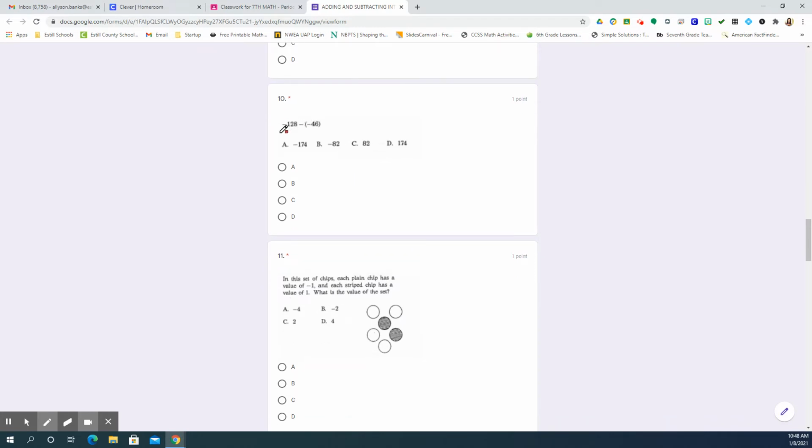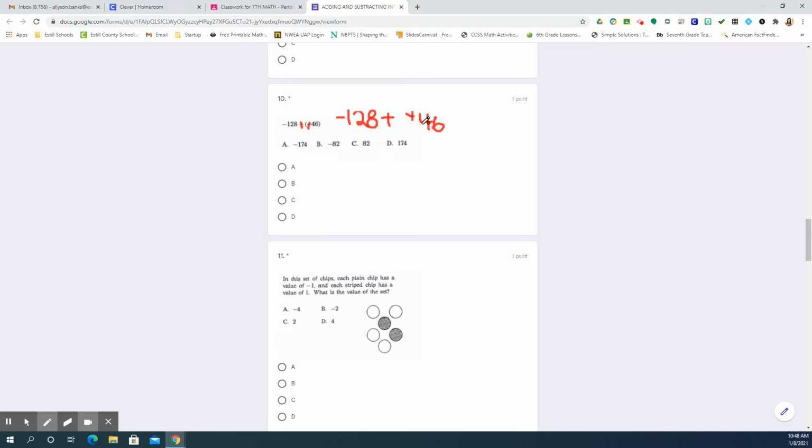Number 10, you have -128 minus -46, still a subtraction problem. So we do add the opposite of the number. You want a plus, and instead of negative 46, we make it positive 46. So negative 128 plus positive 46.